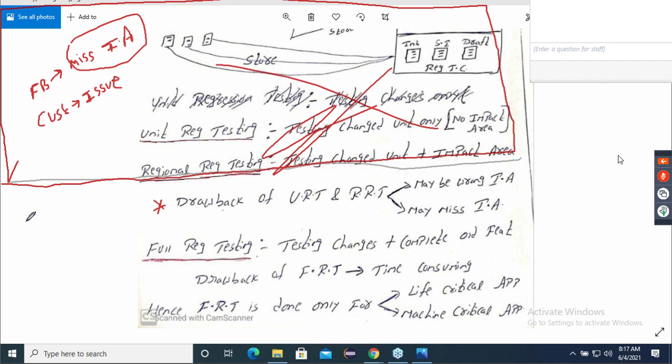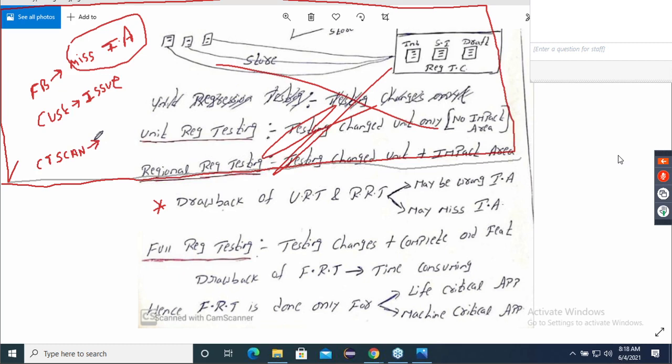All these are the applications which are used in the hospitals, and they are very complicated applications. Software is used in CT scan, X-ray, or body scan. Yes or no? 100% software is used.